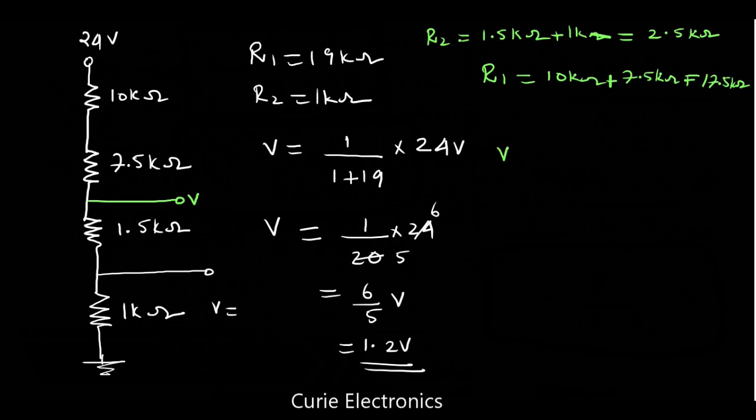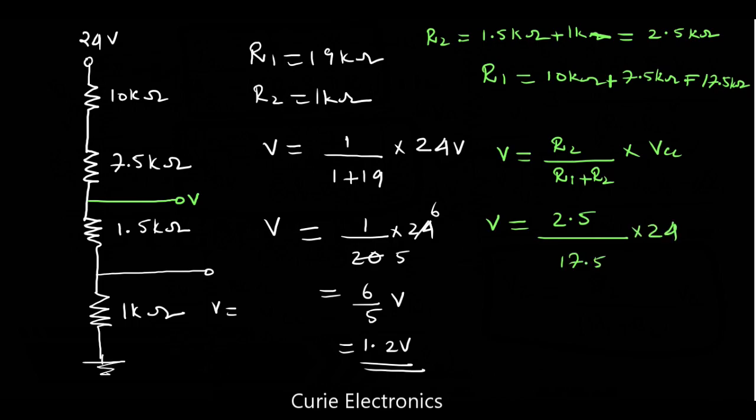Now we apply the voltage divider rule. So V equals R2 upon R1 plus R2 multiplied by VCC. What is R2? We have 2.5 upon, what is R1 plus R2, we have 17.5 multiplied by 24. So what do you get?